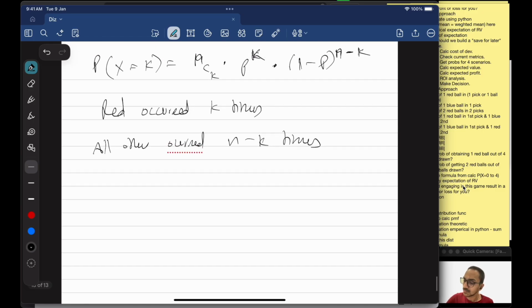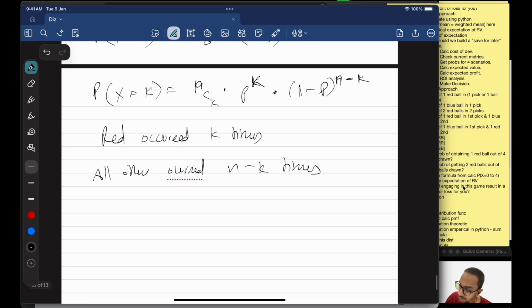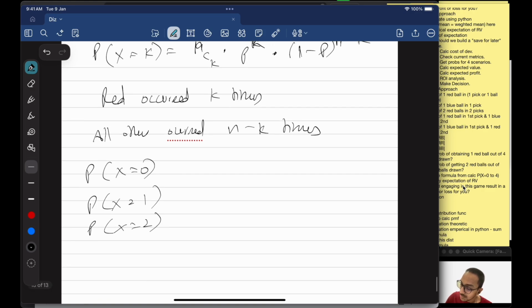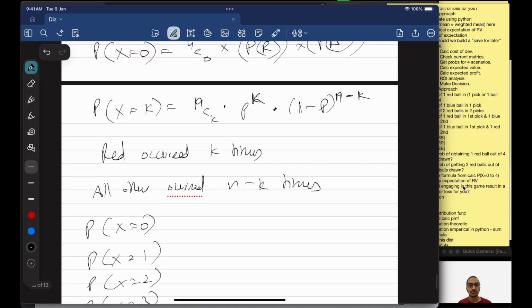So from this, we can compute P of X equal to 0, P of X equal to 1, P of X equal to 2, P of X equal to 3, and P of X equal to 4. So we plug into each one of them. This looks tedious, but anyway, we'll see.